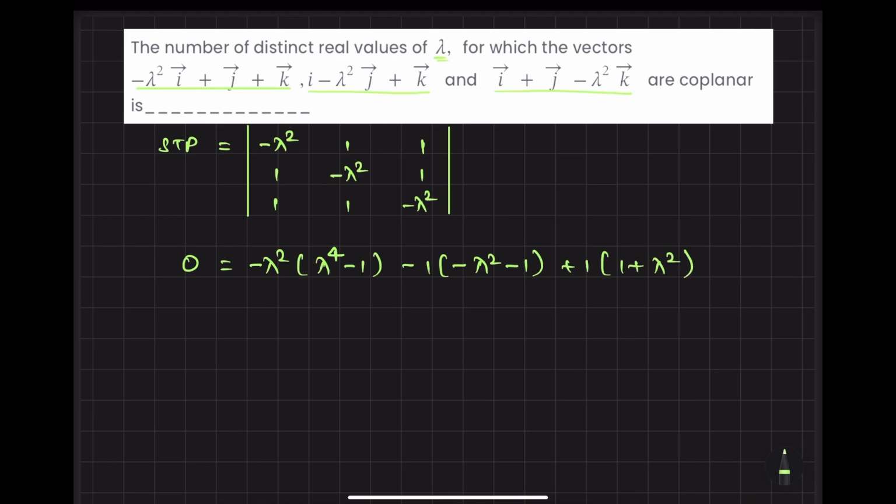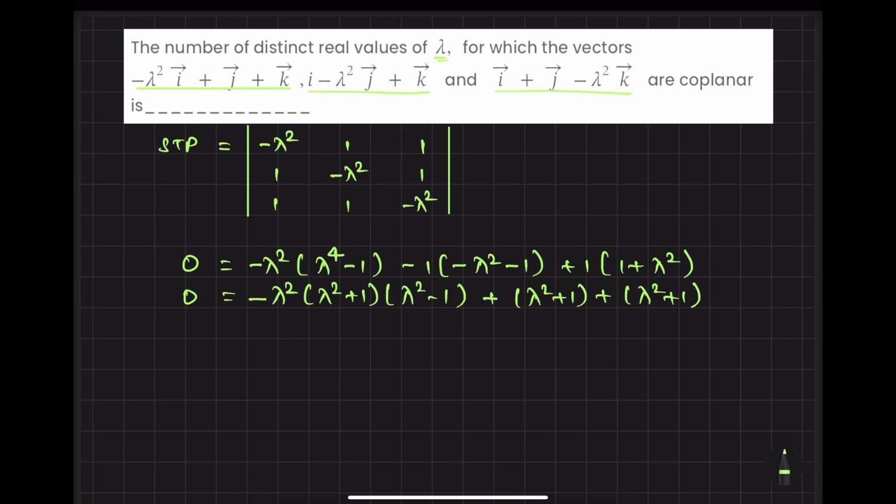Okay, now look at this carefully. So minus lambda square, can I break down this thing a little bit more? Lambda square plus 1, lambda square minus 1. I will take minus common, so it will become plus lambda square plus 1, and it is already lambda square plus 1.